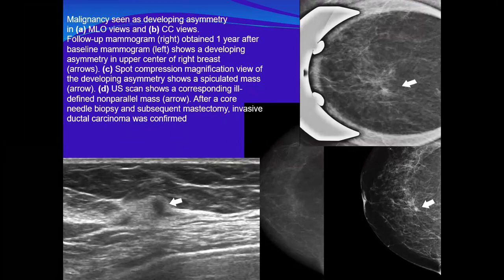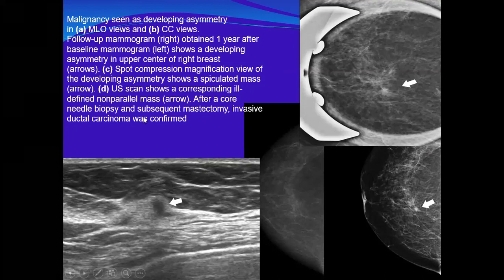The spot magnification of the developing asymmetry, as you described, demonstrates a speculated mass. But I am not sure. They described this as a speculated mass, but to me, I'll take it as an asymmetry. And the ultrasound demonstrates a non-parallel mass.